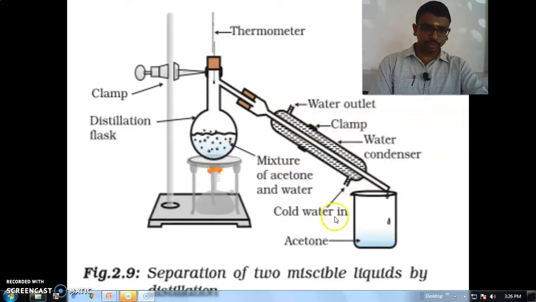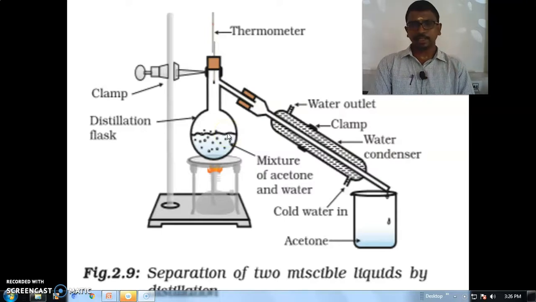In the condenser we pass water. There is a cold water inlet, the water circulates in the condenser, and at the outlet the water goes out. If the water circulation is not there, the compound will decompose easily. So to avoid the decomposition we have to fit the condenser.